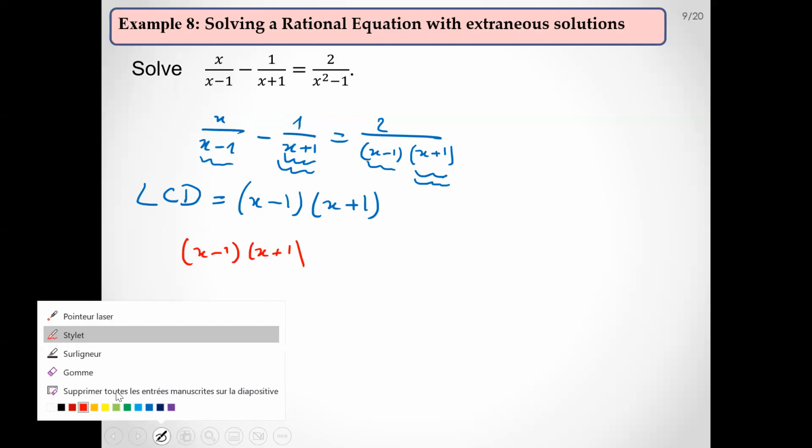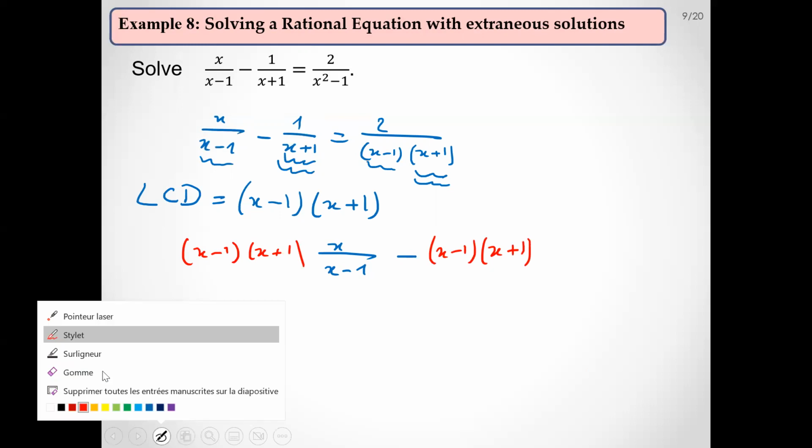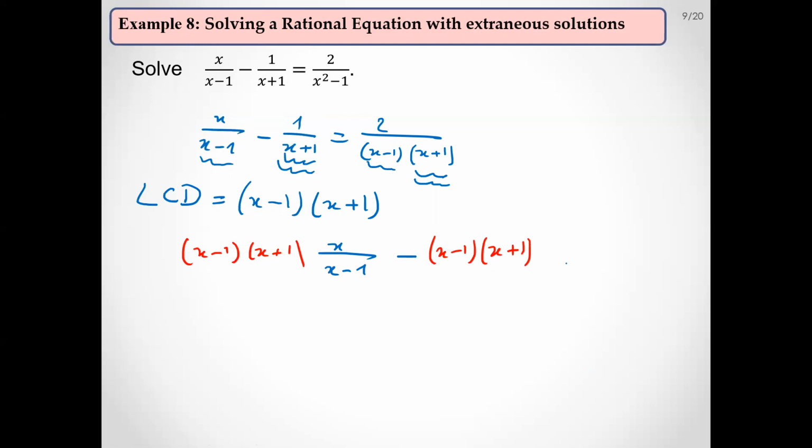Okay? Times the first fraction. Minus, again, the LCD, x minus 1, x plus 1, times the second fraction.